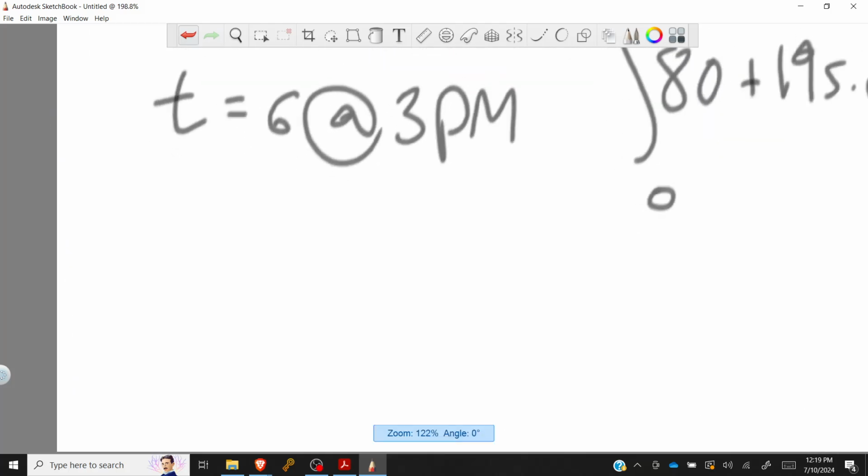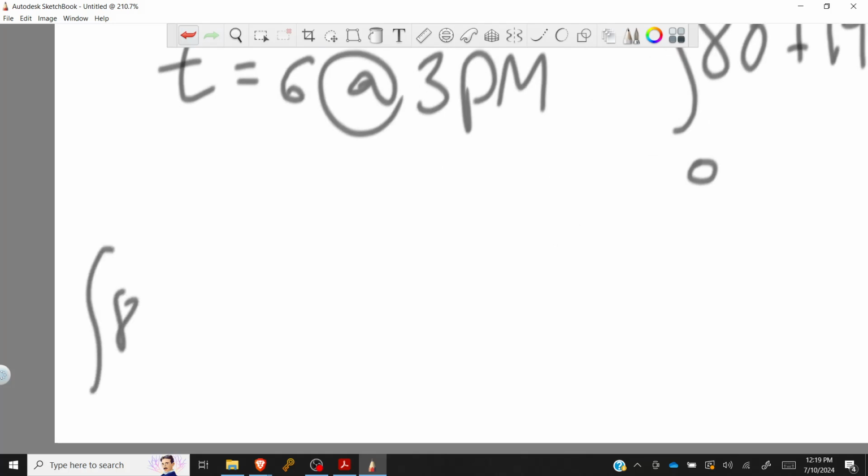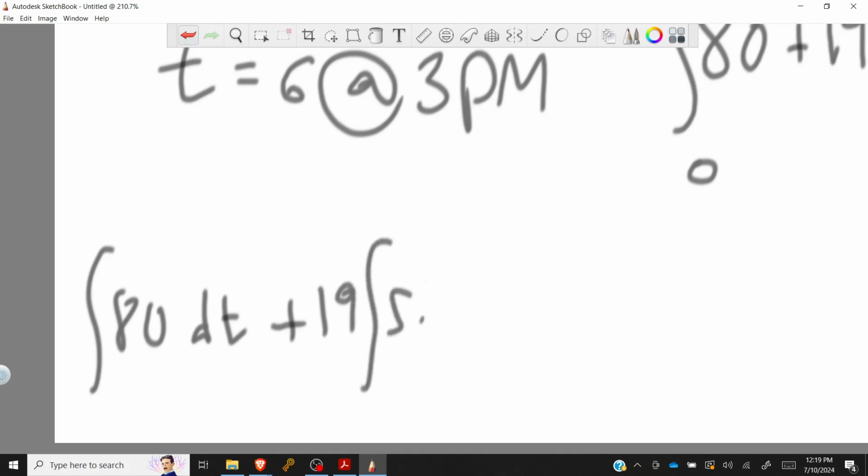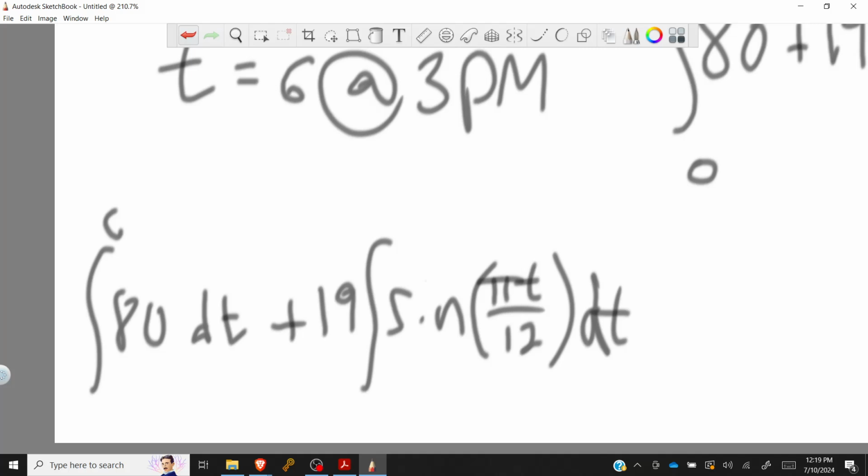The first thing that I'd do is split this into two parts. And I'd actually take the 19 out front from sine as well. So this might be easier because now you're just breaking it into two smaller integrals.